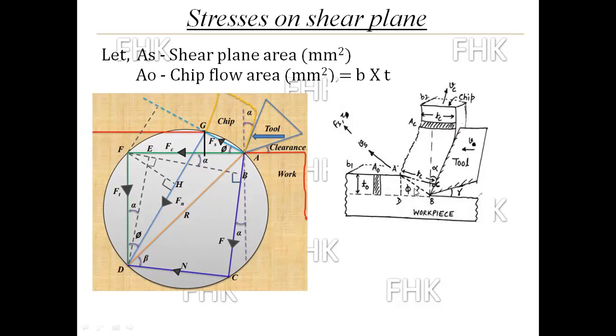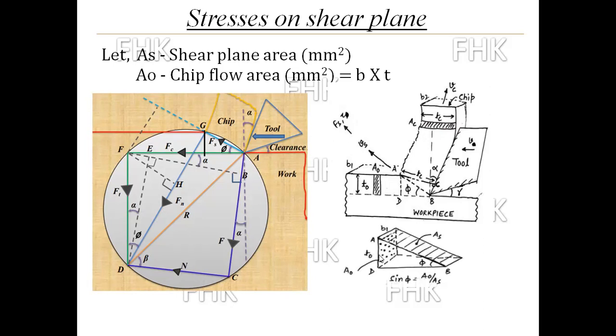And AS is the area of material on the shear plane, that is AB. We have to find these to find the stresses, because stress is load upon area. So we have to find area A0 and area AS.